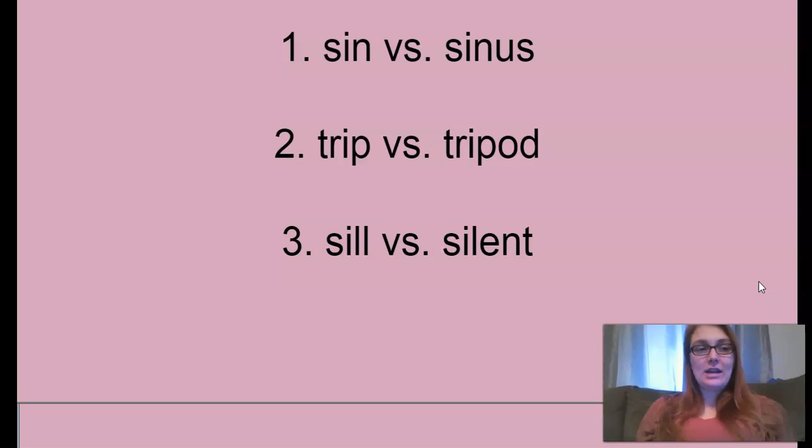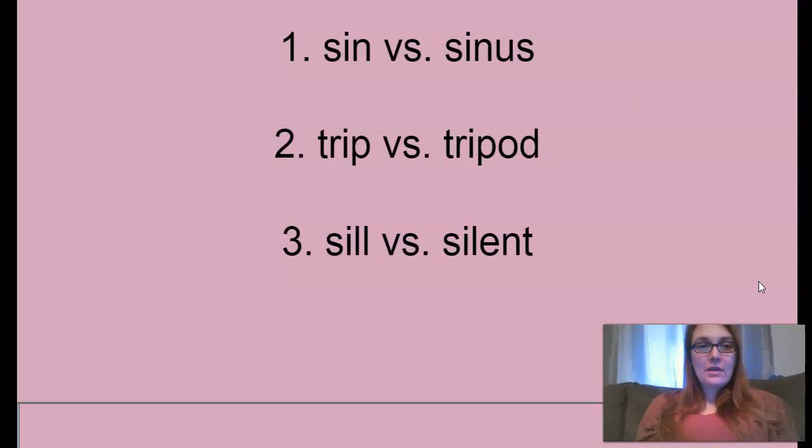So sin is the short I sound, whereas sinus is the long I sound because it's at the end of the first syllable. Number 2, we have trip with a short I versus tripod. Tripod. It's a long I sound. Okay, and number 3, we have sill, like a window sill, short I sound, versus silent with a long I sound, silent.